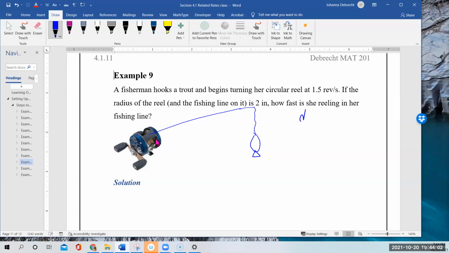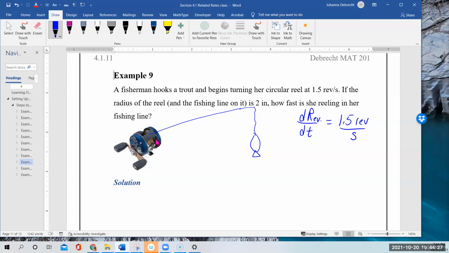So I'm going to write dR/dt to represent the rate of change of revolutions per unit of time. This is 1.5 revolutions per second. I don't have anything on my picture to label, so I just write down the information.